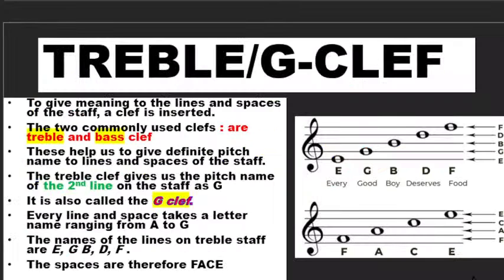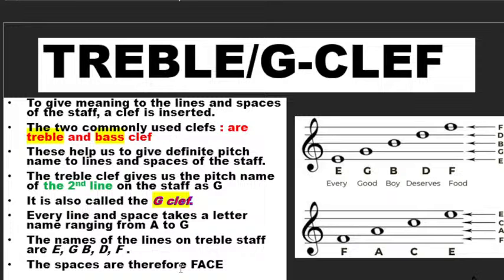So the treble clef or G clef gives the meaning to the lines and spaces of the staff. A clef is inserted at the beginning of the staff. The two common ones we've talked about are the treble clef and the bass clef.